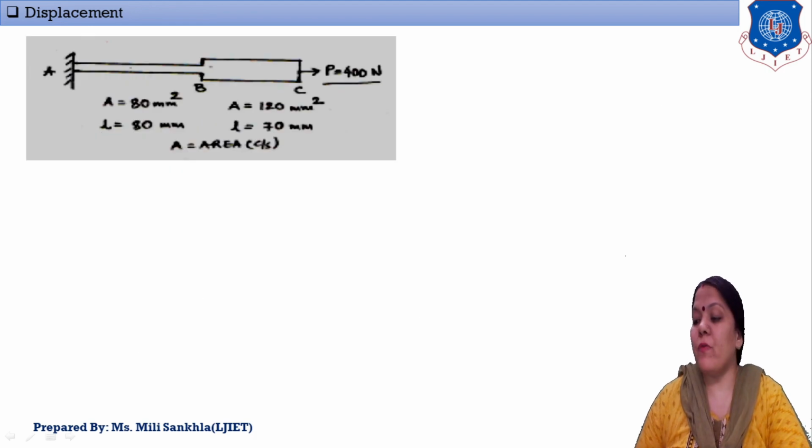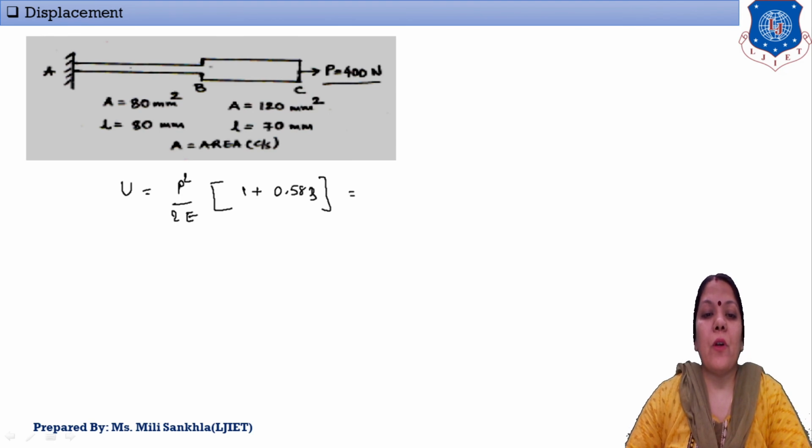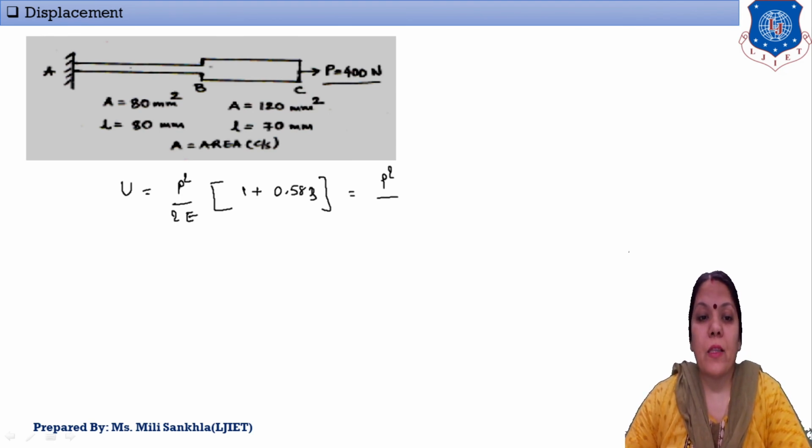After simplification we get the strain energy U equal to P squared over 2E, common, and the simplification of this term is 1 plus 0.583.